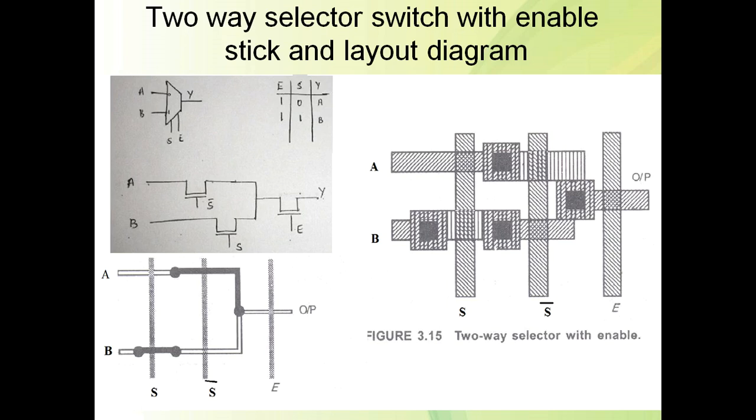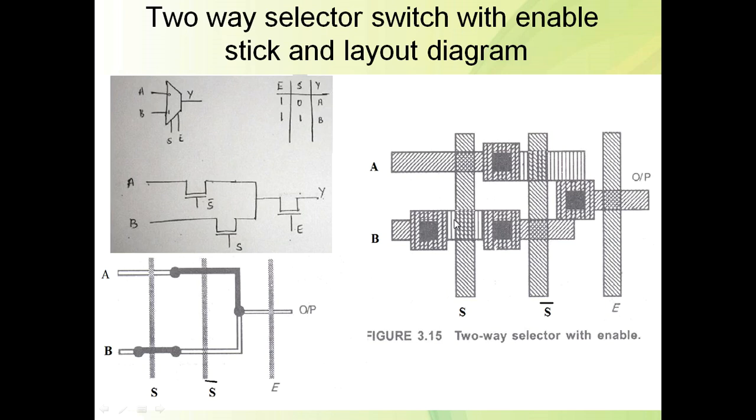We require the first transistor, that is the n diffusion layer. This is the n diffusion layer and this is the poly layer. Where n diffusion crosses poly, the transistor is formed. Here is another n diffusion layer, and where n diffusion crosses the poly layer, another transistor is formed.